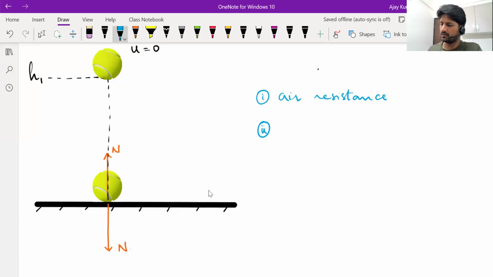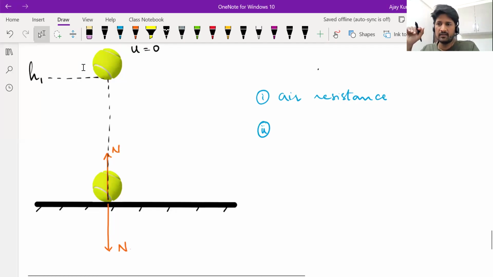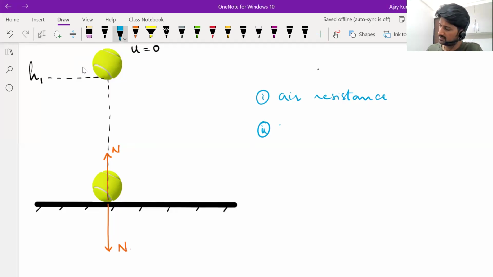The ball will undergo a slight change in shape, some flattening there. And then when it rebounds, the ball gets back its spherical shape. But in that process of getting compressed and coming back to original shape, some energy loss will happen. So there are some other internal forces responsible for this.